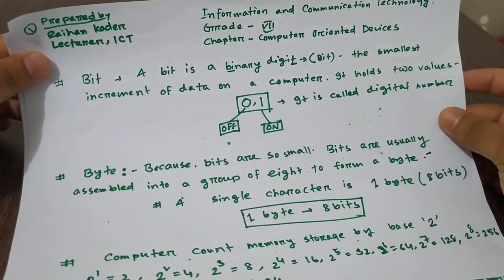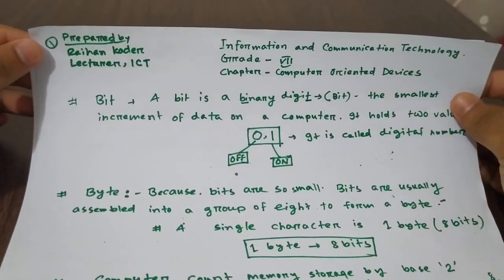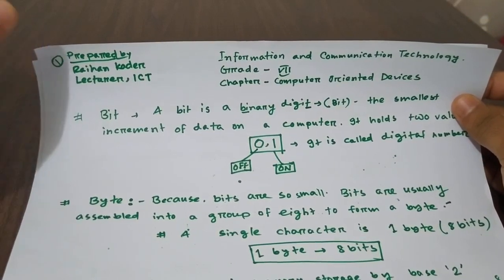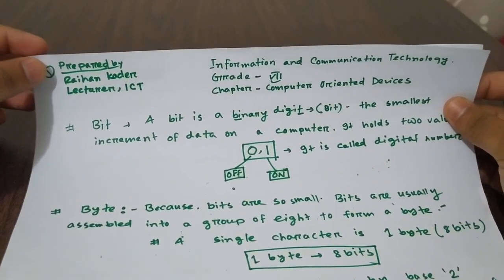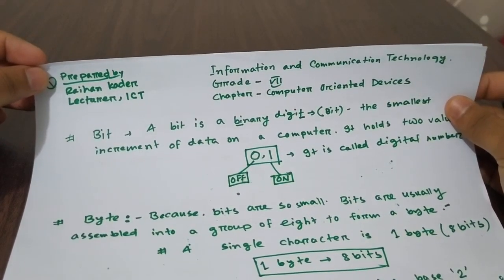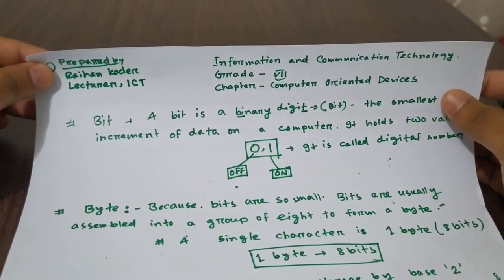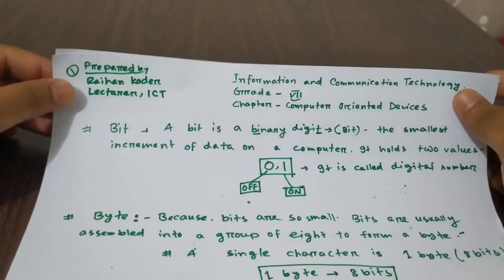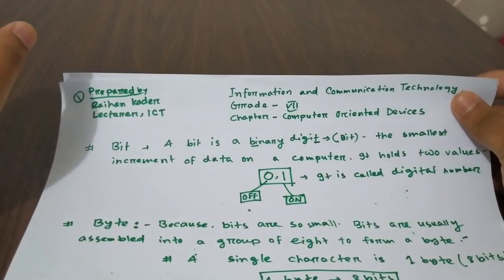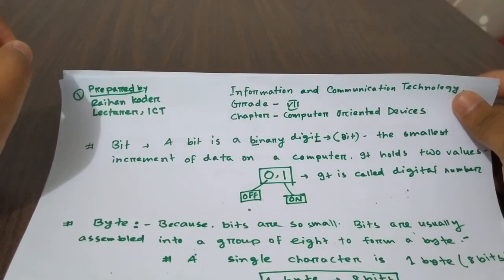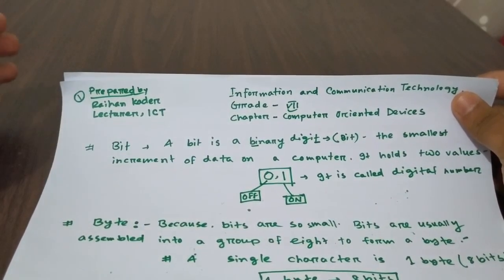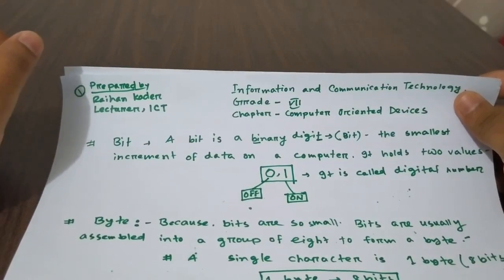At first I just want to recap something, because you have already done the storage and memory devices, like processors and motherboard. Today I am going to discuss something very important, the memory allocation and the memory device.